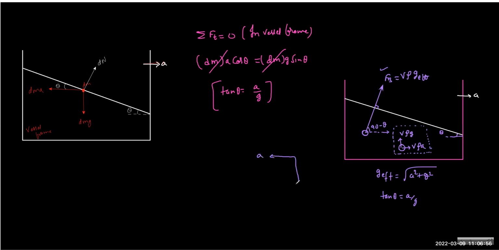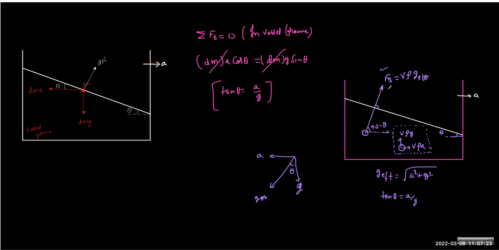Okay, so this is a, this is g. In the frame of the vessel, this is like this, and the net we call g effective, and it's theta. So tan theta is a by g. This is certifying. So g effective cos theta is g, and g effective sin theta is a. So everything becomes automatic.